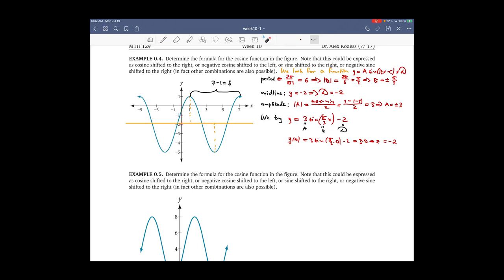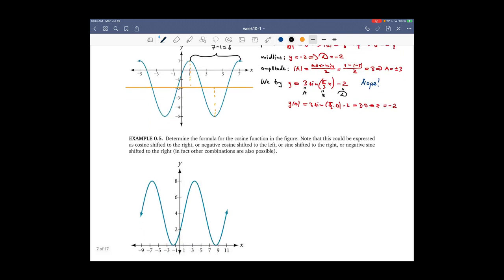So the reason why this answer is not correct is because we are missing one more degree of freedom. We did not, at this point, use any horizontal shift. So this doesn't work. And we, in fact, try a more generic function at this point.